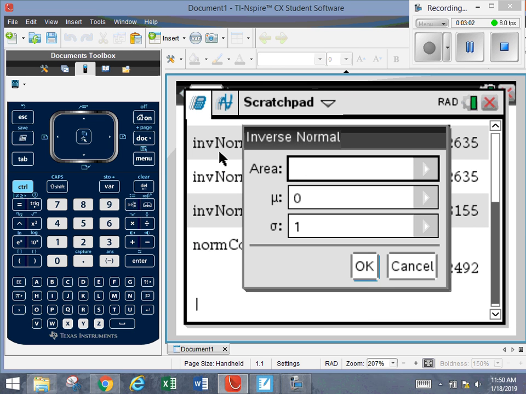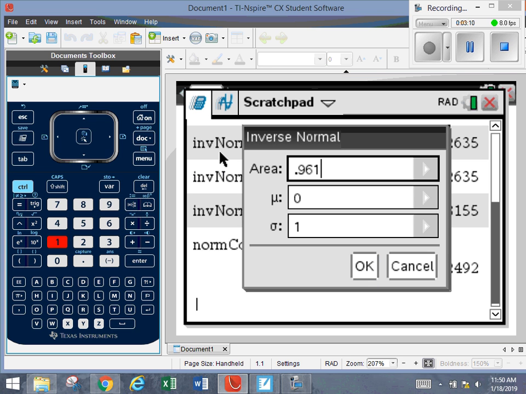It's going to ask what the area is. We have to express it as a decimal, so 96.16% is written as 0.9616. We're not going to change the rest, because we're looking for a z-score, a standard value, which means our mean is 0 and our standard deviation is 1.